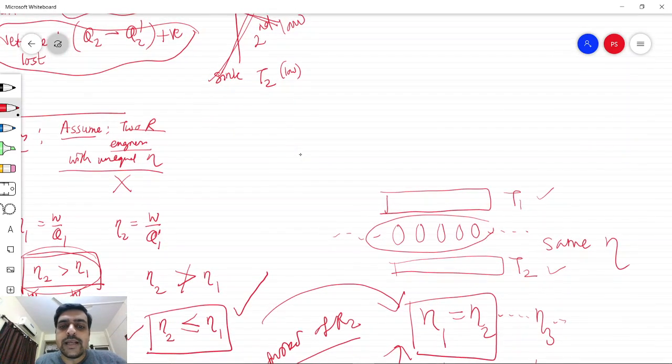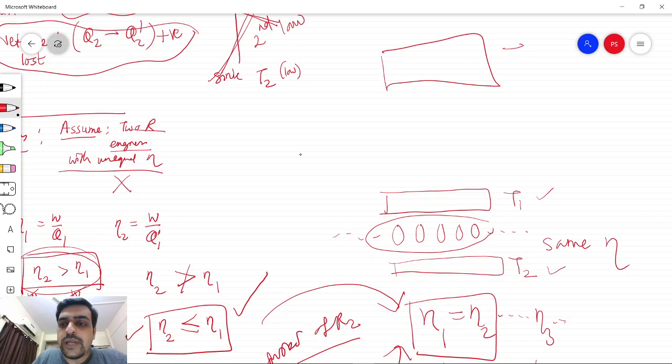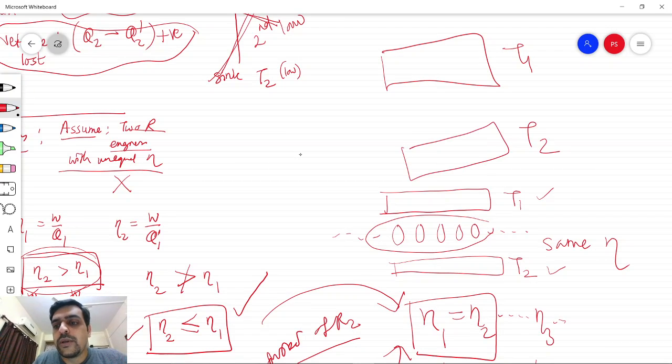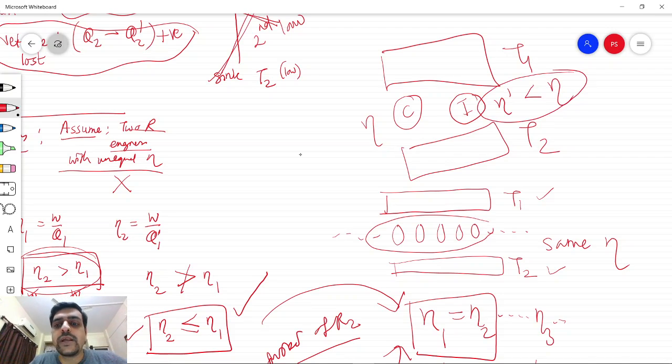The first part stated that if a Carnot engine with efficiency eta works between these two temperatures, then another irreversible engine working between the same two temperatures will have efficiency eta dash always less than eta, the efficiency of the Carnot engine. So this was regarding the Carnot theorem.